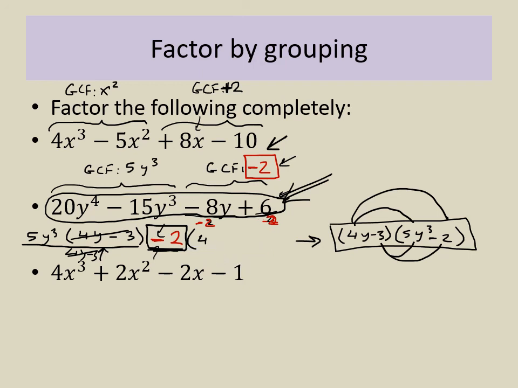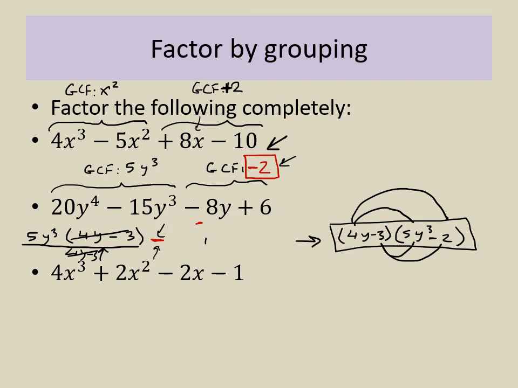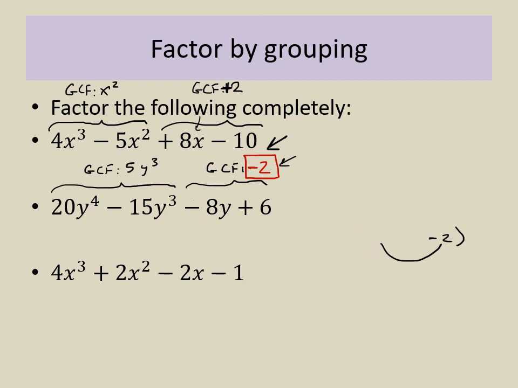Okay, let's take a look at the last example. So the last example here, again, we have 4 terms. We know we're going to group these two together, and we're going to group these two together. The first two, if I group them together, what is the GCF?